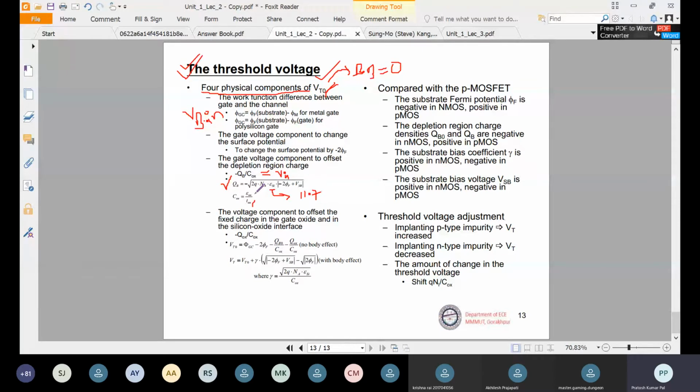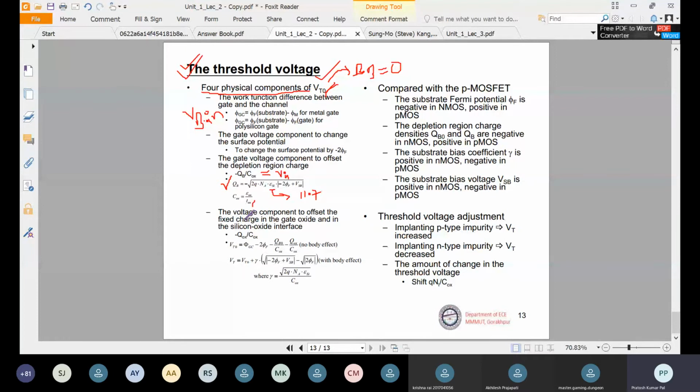Okay. The fourth component is the voltage component that will be required to offset the fixed charge present at the gate oxide, or oxide and semiconductor interface.